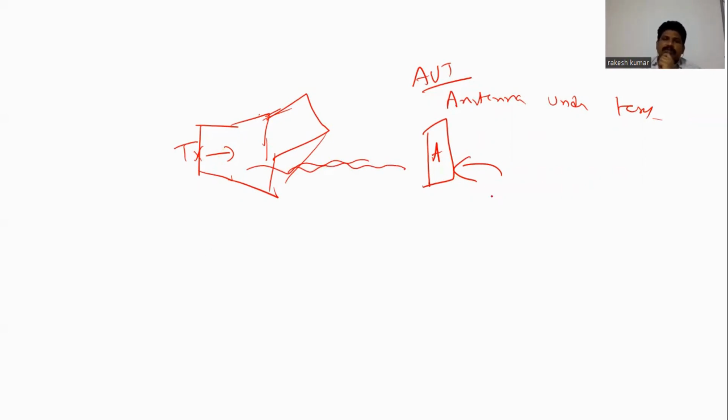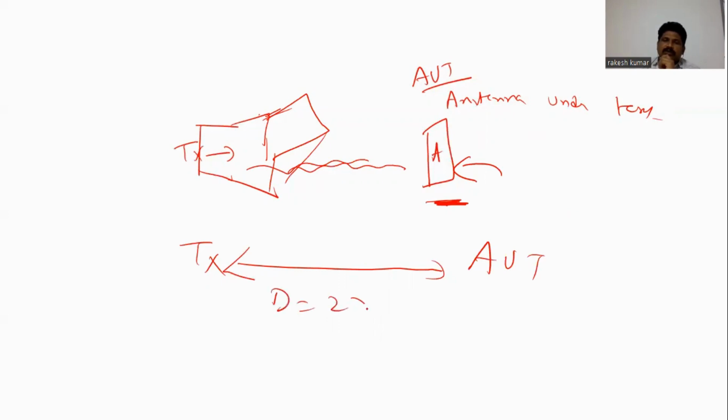The first step: if you want to test any antenna, there is a minimum distance you must keep between the test antenna and the transmitting antenna. The separation distance is R equal to 2D square by lambda. You should not keep your testing antenna very near to the transmitting antenna.